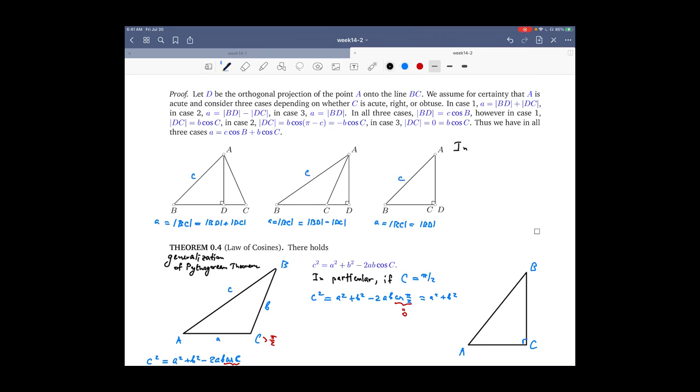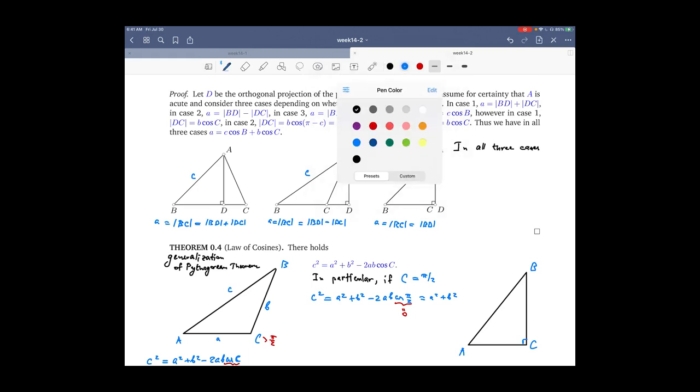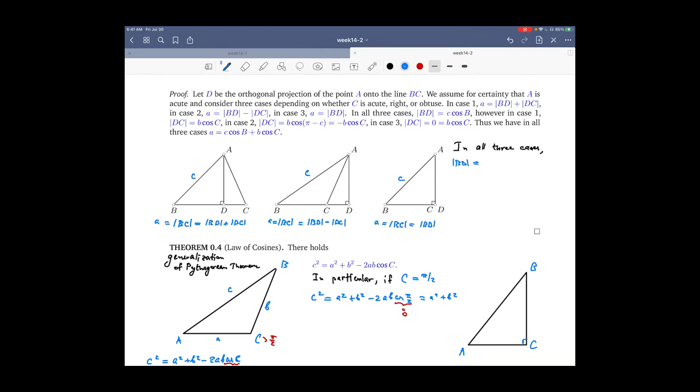So in all three cases, we have BD equals c cosine B, right, in this triangle. BD equals c cosine B.